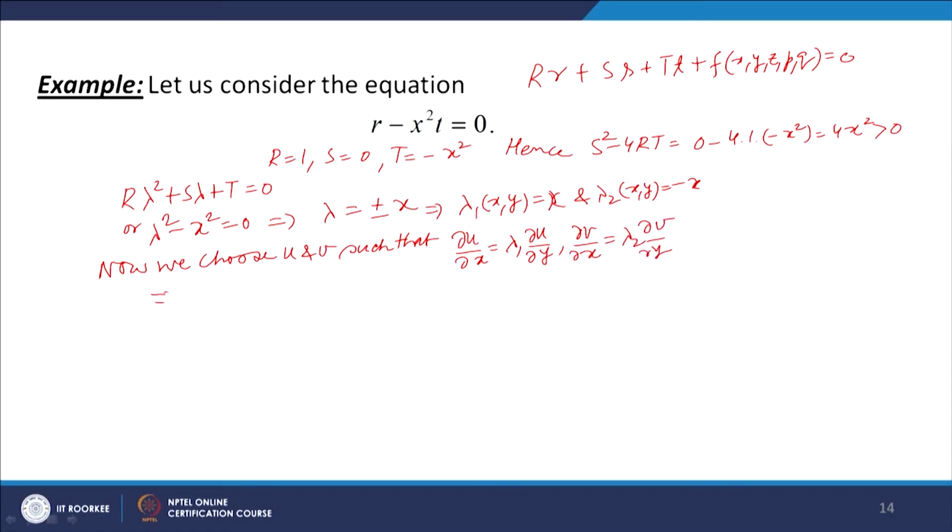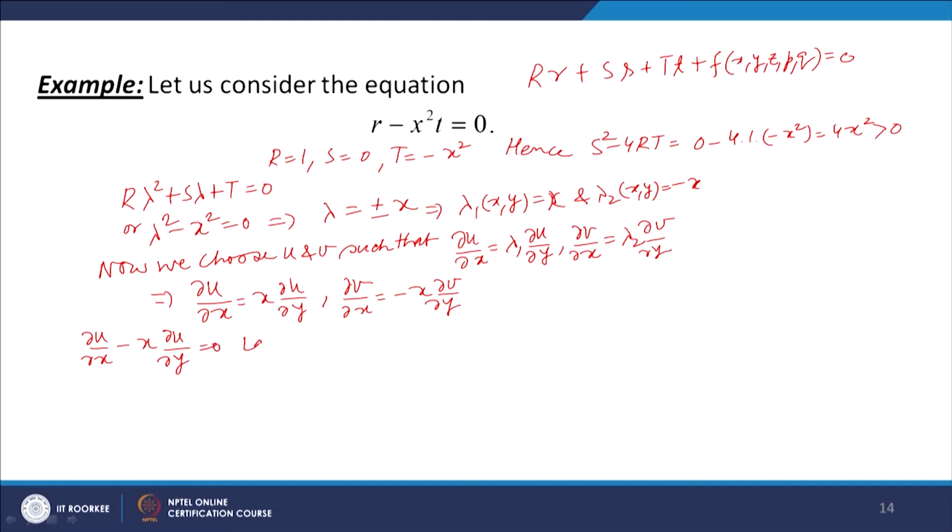So, what do we get? Lambda 1 is x, so u x equal to x times u y, and similarly v x equal to minus x times v y. Now, let us solve this equation for the value of u.